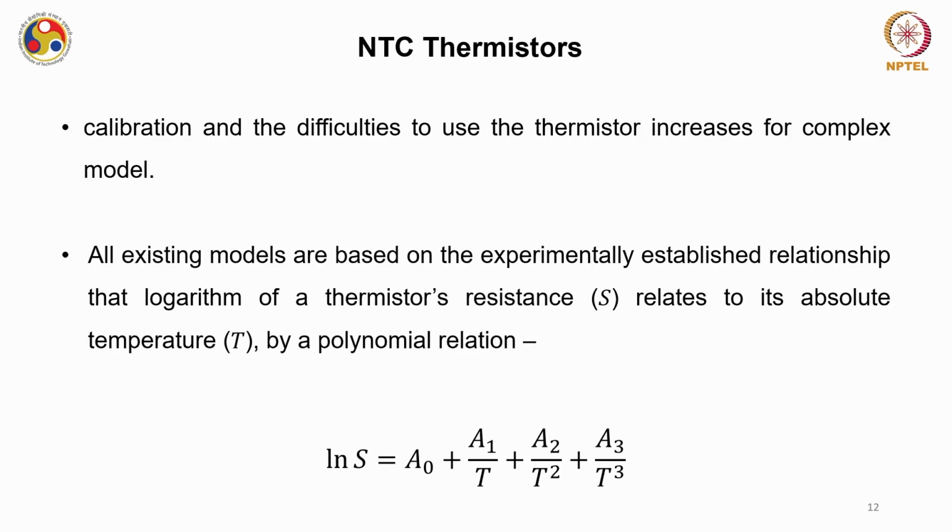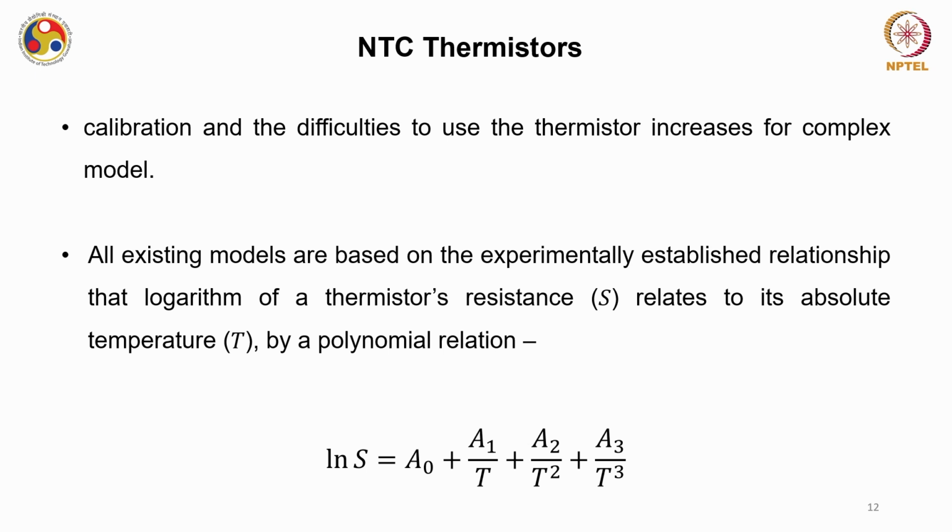Please note that all existing models are based on an experimentally established relationship between the logarithm of a thermistor's resistance, say S, and its absolute temperature T, given by a polynomial: ln S = A0 + A1/T + A2/T² + A3/T³, where A0, A1, A2 and A3 are constants.